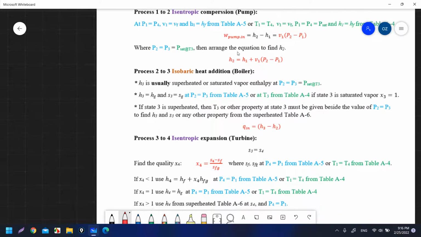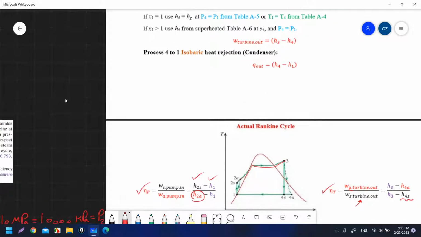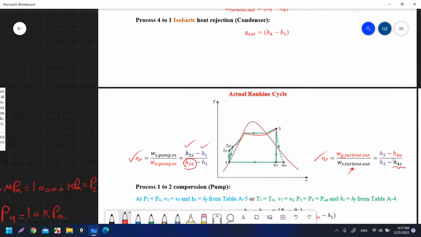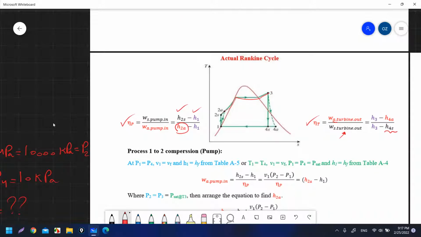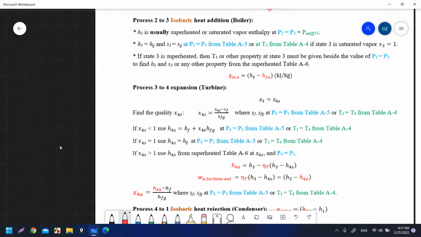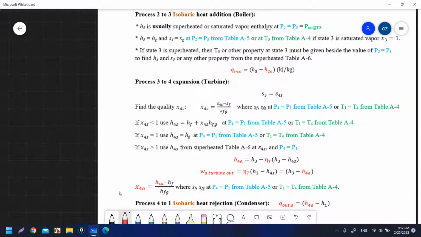We didn't put S as a subscript before, but here when we have an actual cycle, we will put S to differentiate the ideal cycle enthalpies from the actual Rankine enthalpies. As you can see, H1 and H3 are the same, that is why they are in the same color, for both actual and ideal Rankine cycle. So for the quality, I put X4 equal to H4A minus Hf over Hfg.